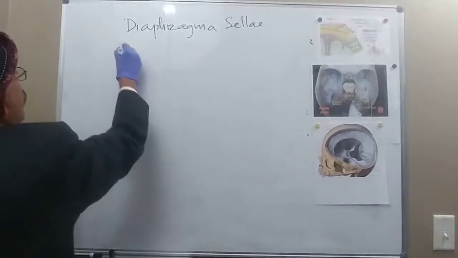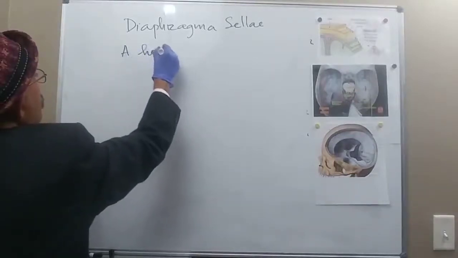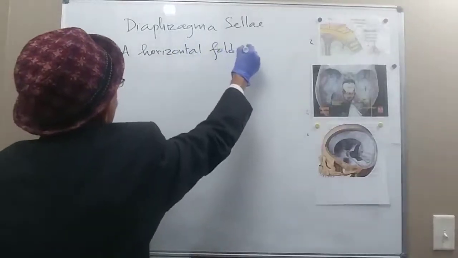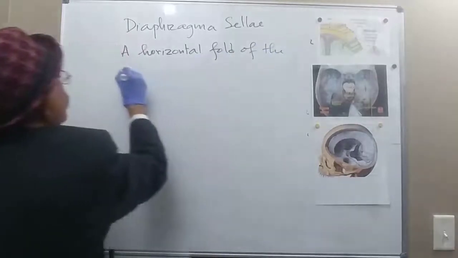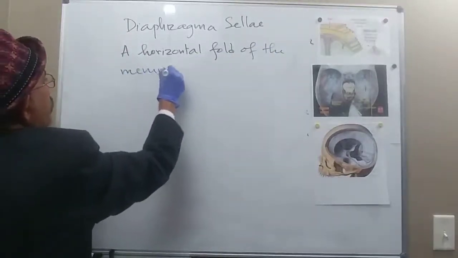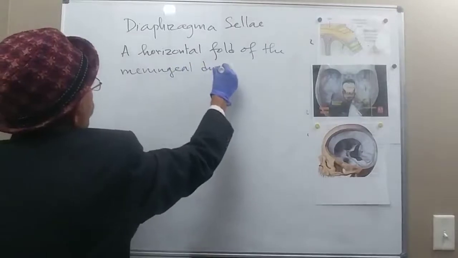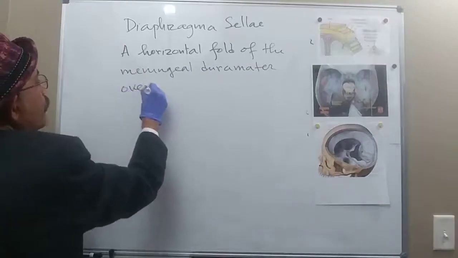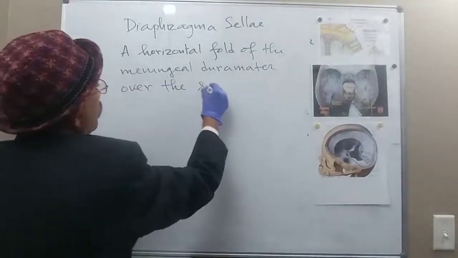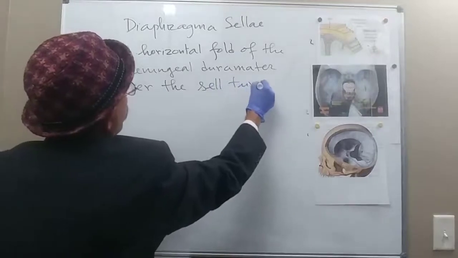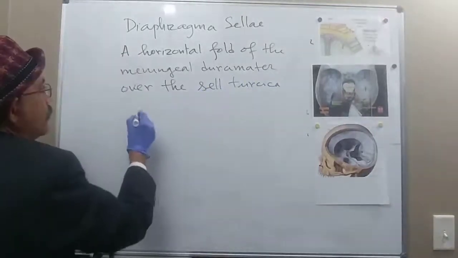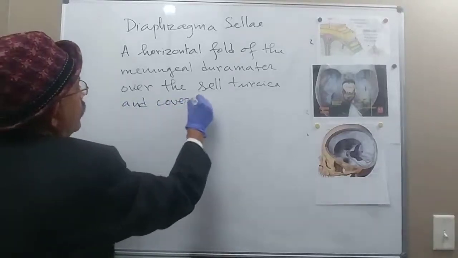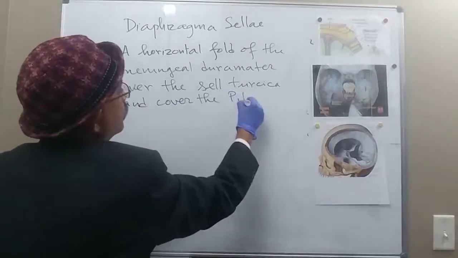It is a horizontal fold of the meningeal dura mater over the sella turcica, and it covers the pituitary gland.